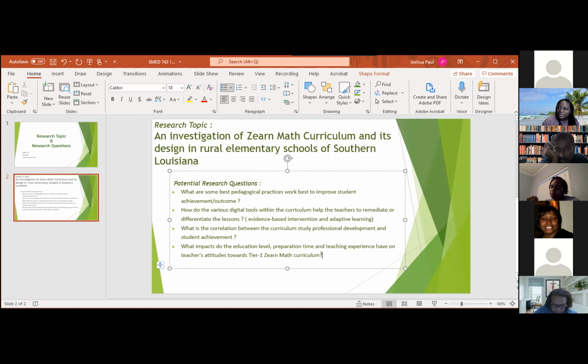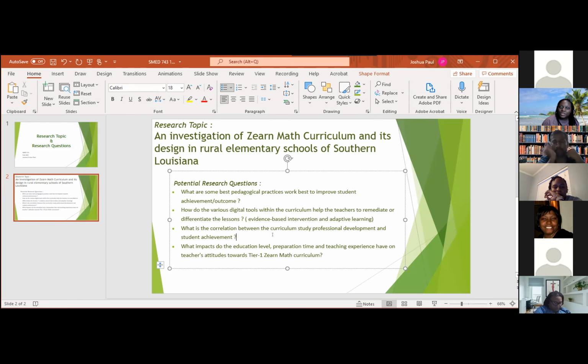Now, perhaps there could be a way where the remediation and differentiation plays a role in that, but you would have to make a case for why that would be important in the midst of understanding the best practices, because those are really two different topics. When you talk about remediation and differentiation, that's a whole field by itself, right?